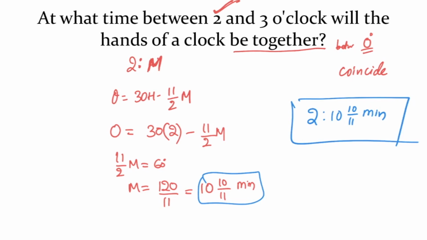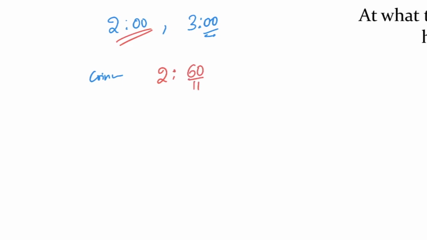And there is a shortcut. Remember, the problem is about coincidence. Both the hands of the clock coincide in between 2 o'clock and 3 o'clock at: after 2 o'clock, definitely after 2 o'clock, 60 by 11 into 2. If the requirement is coincidence in between 3 o'clock and 4 o'clock, coincidence happens at what time?